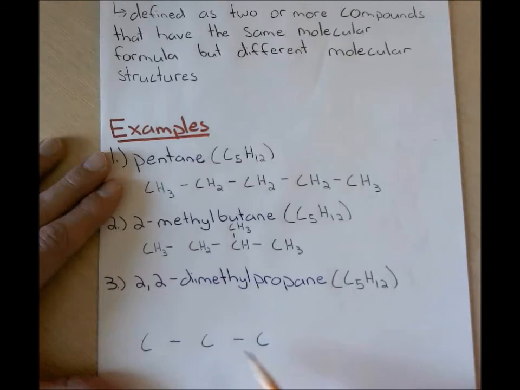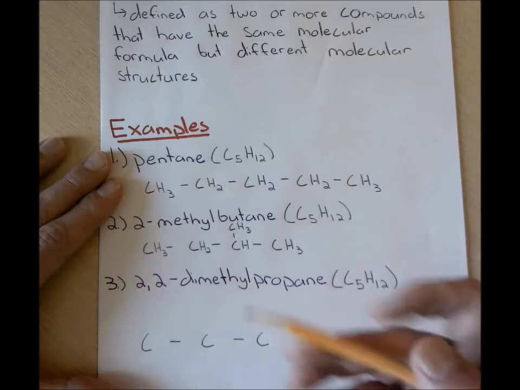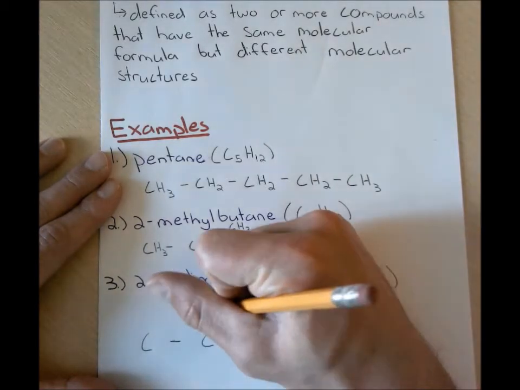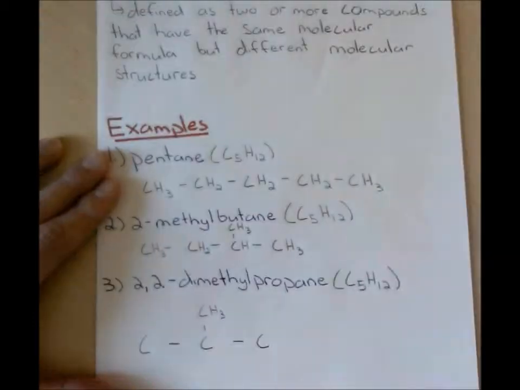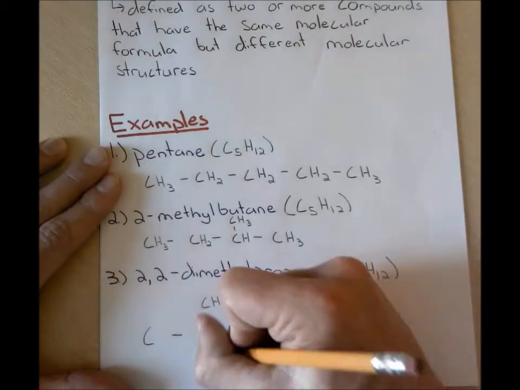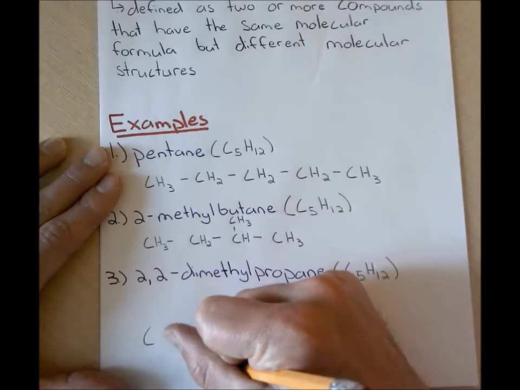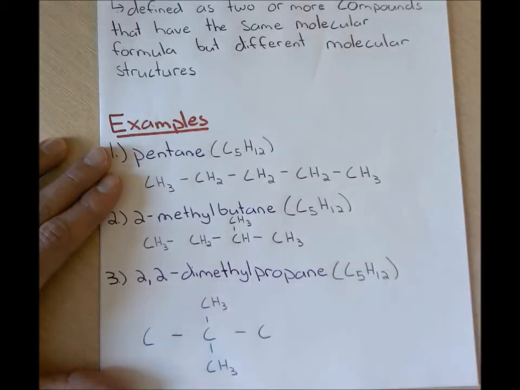It says at carbon 2 and carbon 2, a dimethyl group, which means off of carbon 2 there has to be a methyl group, and off of carbon 2 again, another methyl group. Now all we have to do is go back in and add our hydrogens.